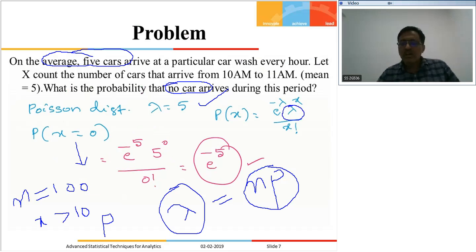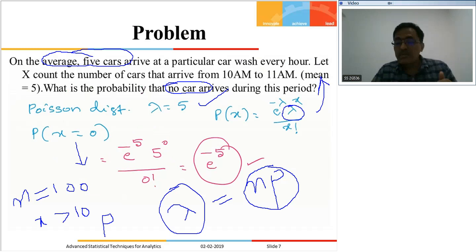We already know lambda is mean equal to variance and also the parameter of the Poisson distribution. So we need not do anything with respect to lambda. One is they need to provide lambda, that is, if they provide the mean, then it is nothing but the lambda.